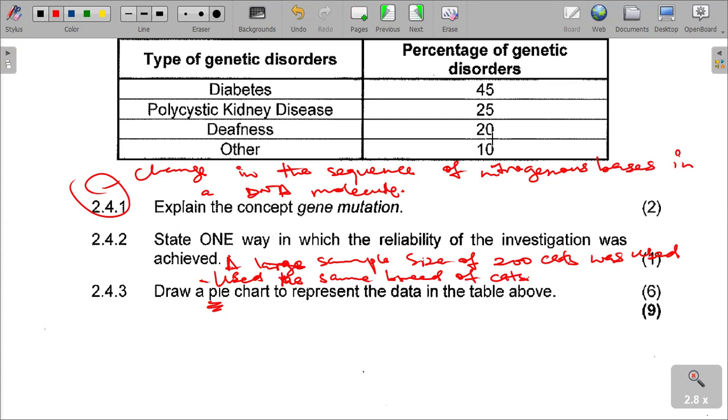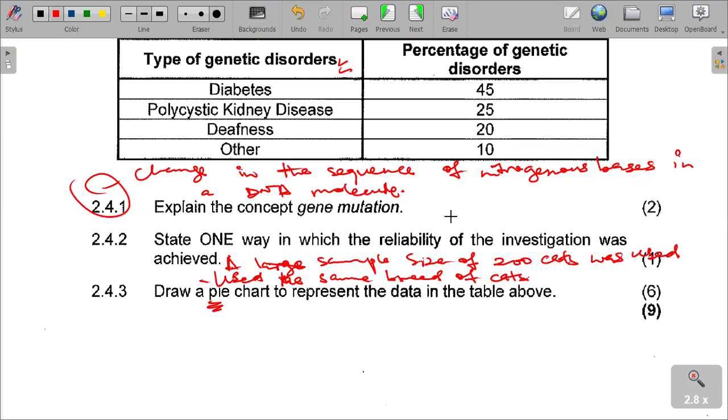We must calculate the percentages or the degrees of each of the types of genetic disorders. If we add 45 plus 25 plus 20 plus 20 plus 10, we get 100.